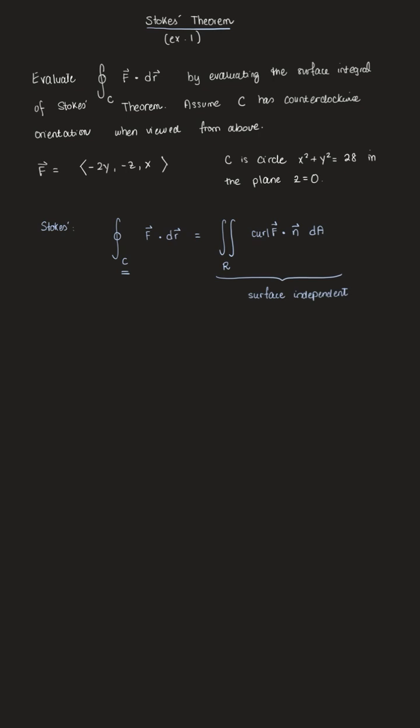So that means that if I'm on the xy plane, the surface that I'm going to use is just the disk enclosed by the circle whose radius is the square root of 28. So this is my region. My circle is oriented, as the problem states, in the counterclockwise direction when viewed from above. And so using our right-hand rule, or imagine walking along the curve, you want to make sure that the region's to your left to ensure that we have consistent orientation.